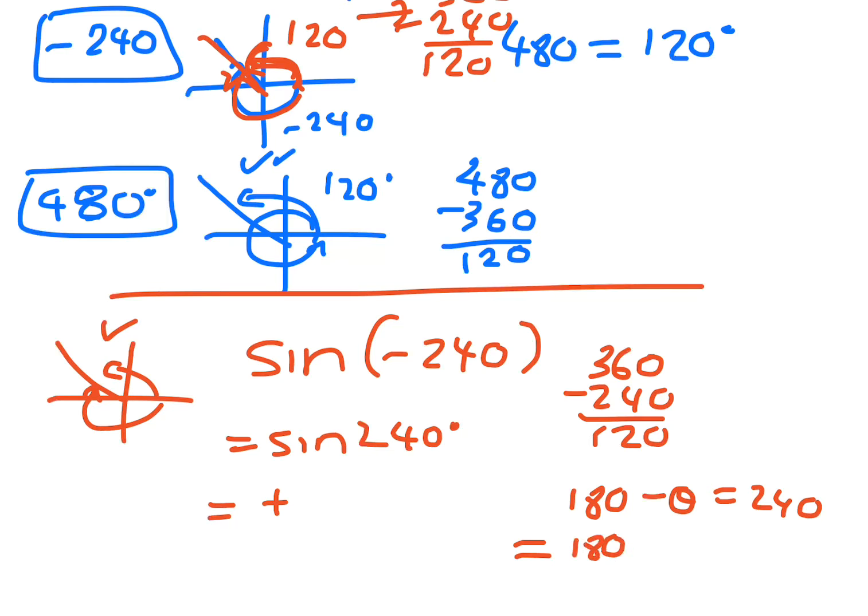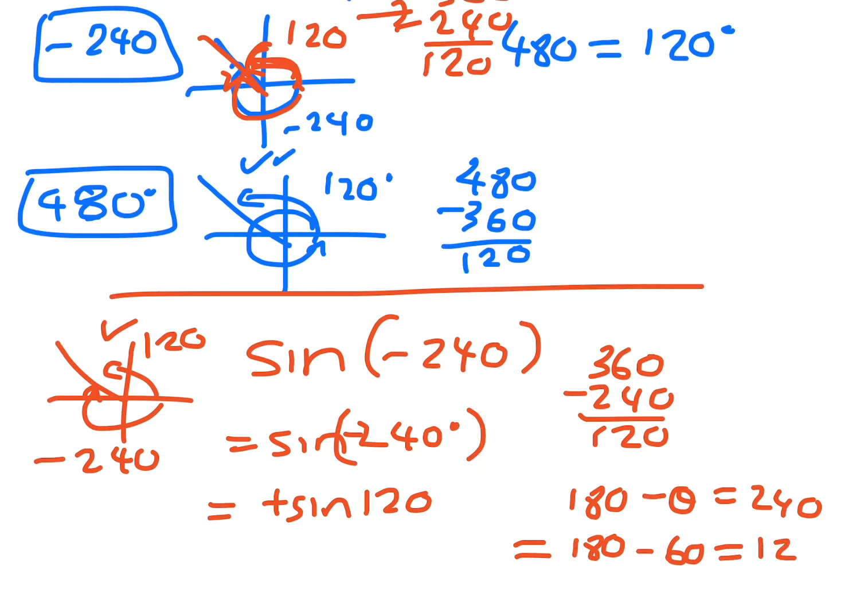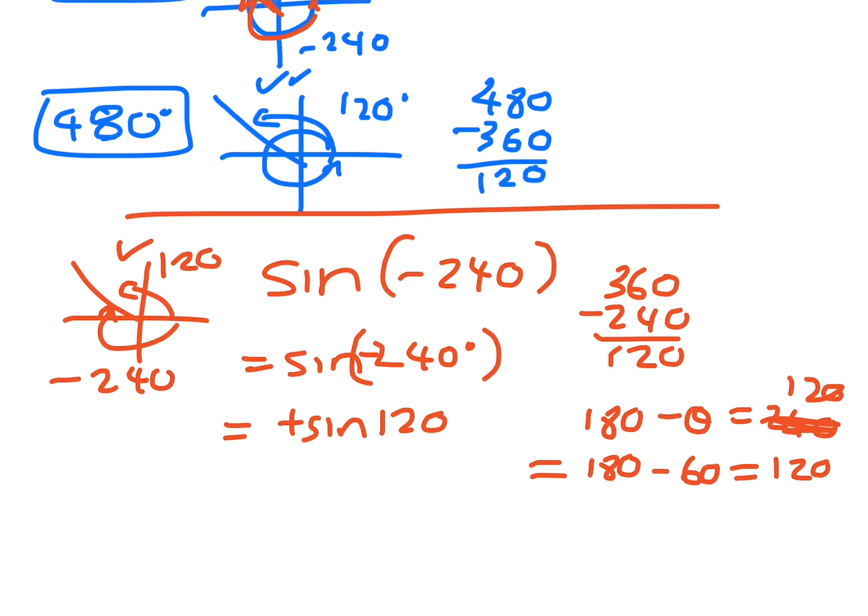So it's equivalent to sine 60. That should be 120 there. 180 minus 60 will give you the 120.